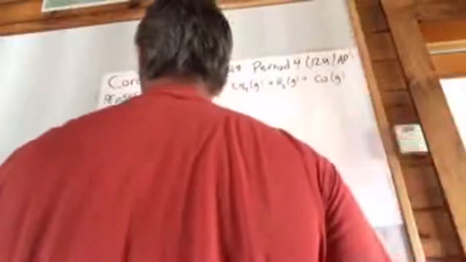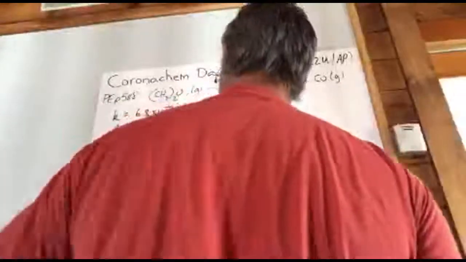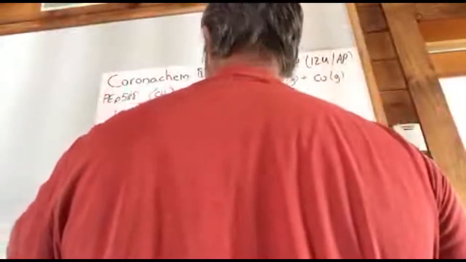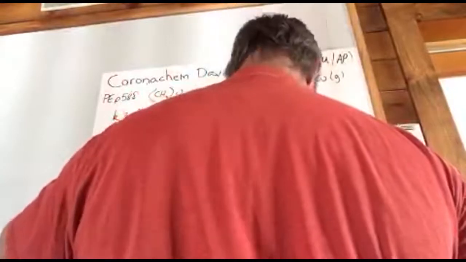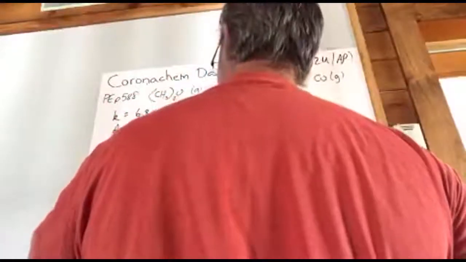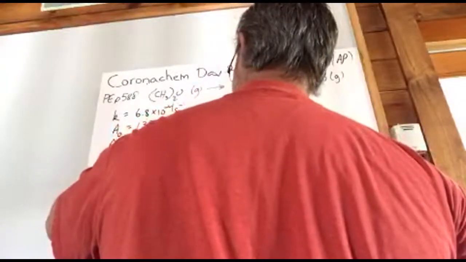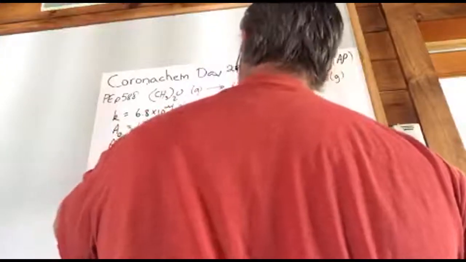So we're going to use A is equal to A naught e to the KT as our first order decay. The A naught is 135. E is in our calculator, so we're not going to write it down, but it's 2.71 roughly. The value of K is negative 6.8 times 10 to the negative 4 because it's a decay. All right, it's decaying.